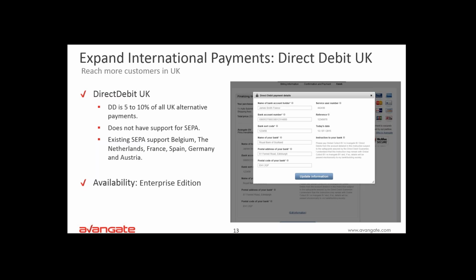I think that almost 70% of households are actually using direct debit actively on a monthly basis. Note that this is not yet released, so this is coming soon. We are in the final stages of releasing this, but we are announcing it if you're interested to know about it.